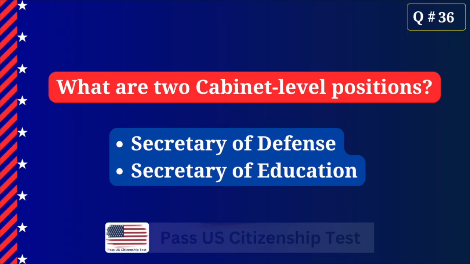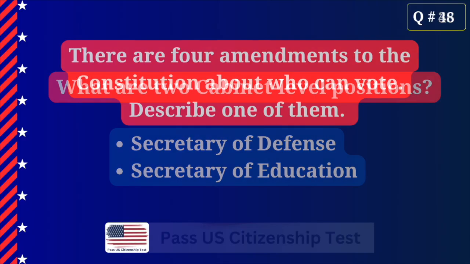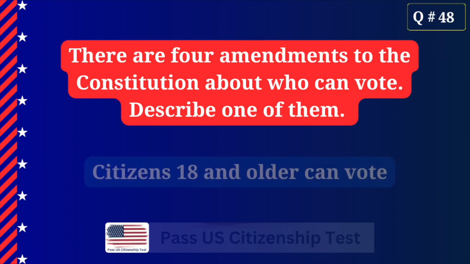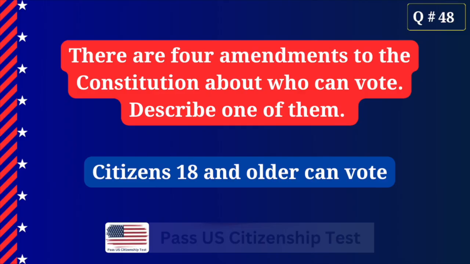Secretary of Defense. Secretary of Education. There are 4 amendments to the Constitution about who can vote. Describe one of them. Citizens 18 and older can vote.